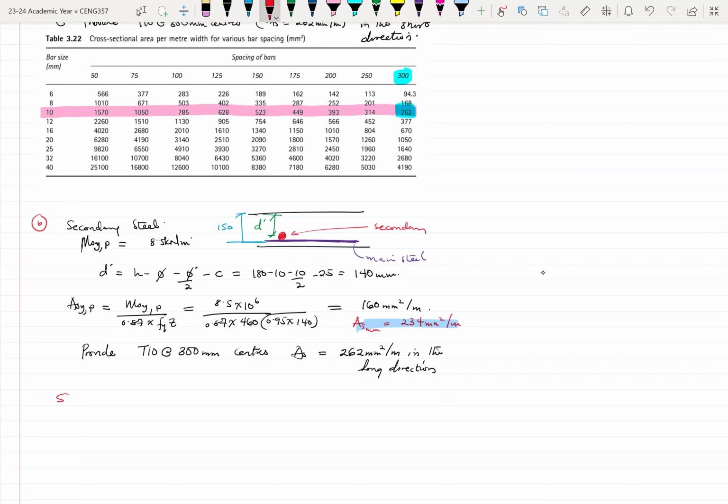So for the supports, we also have the main steel, A, and then we also look at the secondary, right? Then from there we can draw the shape of the rebar detailing.